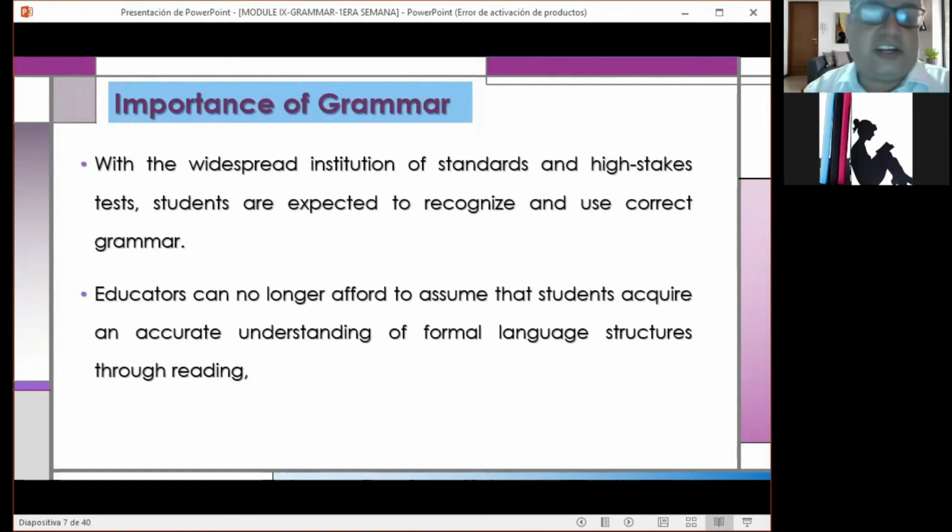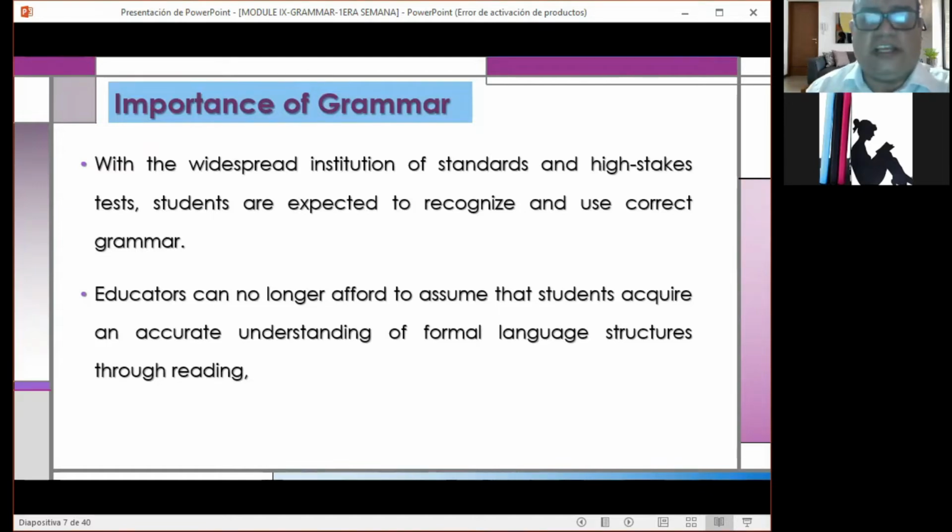Nowadays it's very common that we are asked, as teachers and as students, to take some international examination, as you have maybe here before, the IELTS or the TOEFL exam or the Cambridge exam, KET, PET, FCE, CAE. So we have a lot of higher standard tests, and we are required to recognize and use correct grammar.